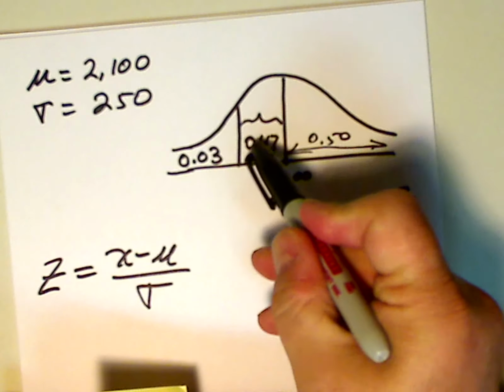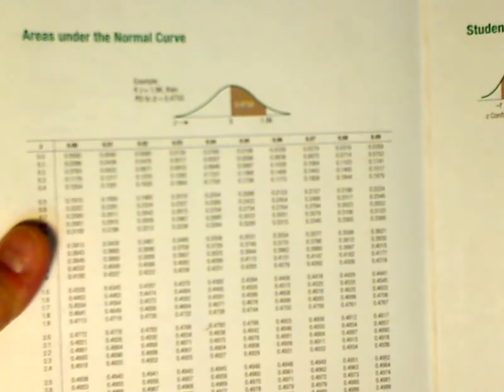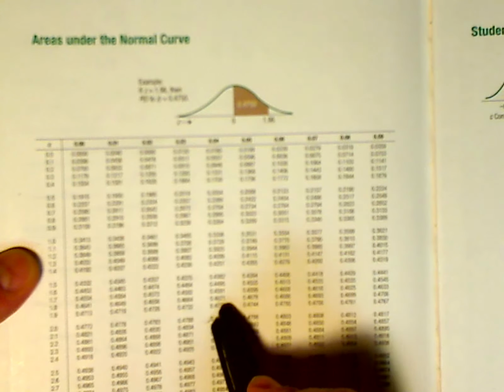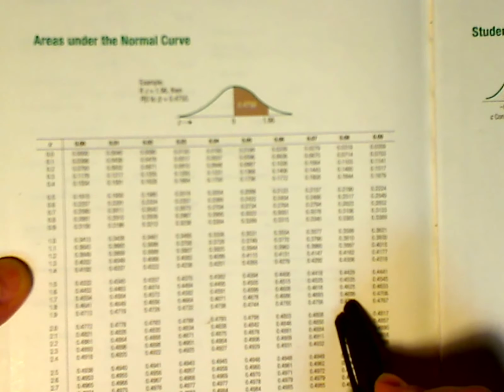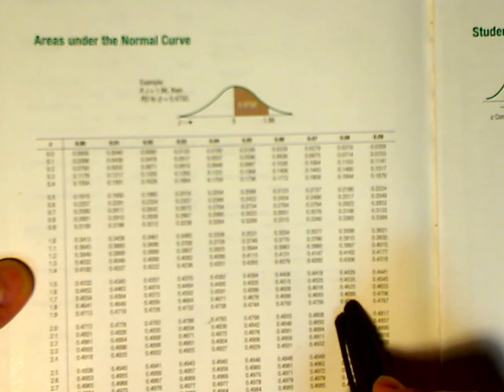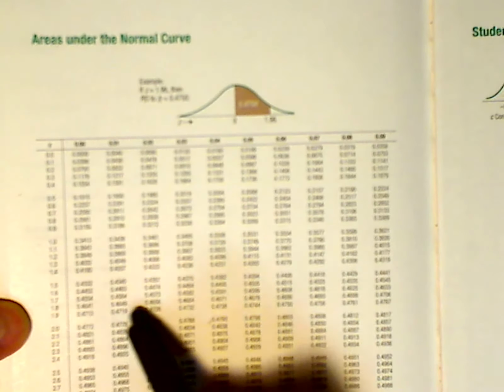That, if you look in here, is 0.47. So we're going to look up 0.47 as an area in the table here. And we don't have 0.47 exactly, but we do have something pretty close, 0.4699. And that's associated with a z value of 1.8.